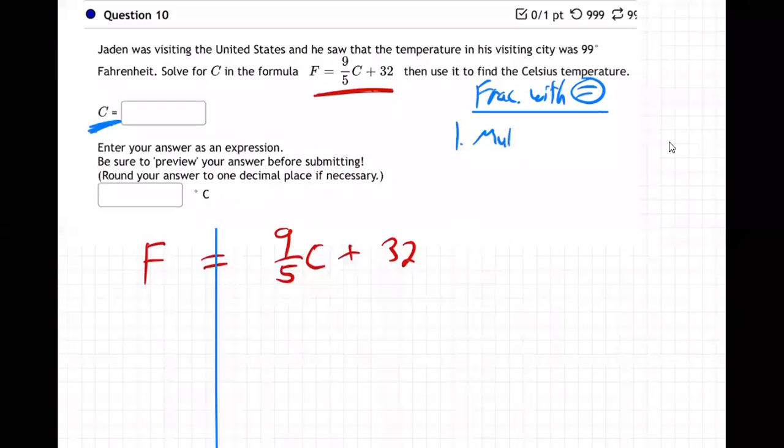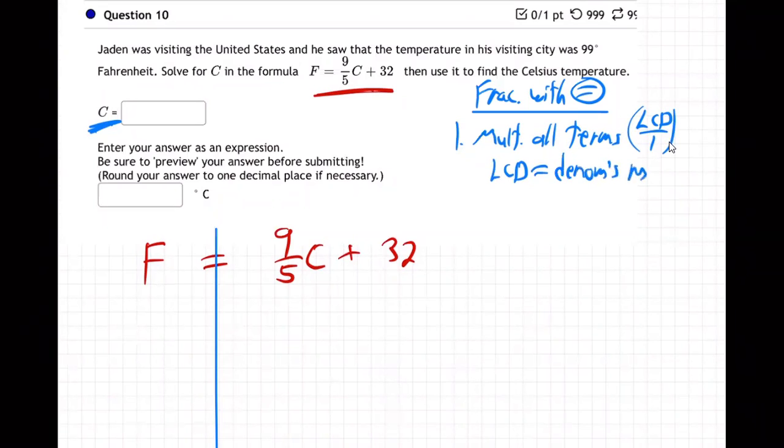We multiply all the terms by the LCD over 1, and the LCD equals the denominators multiplied. Well, the only denominator is 5. That's literally the only denominator in the problem.